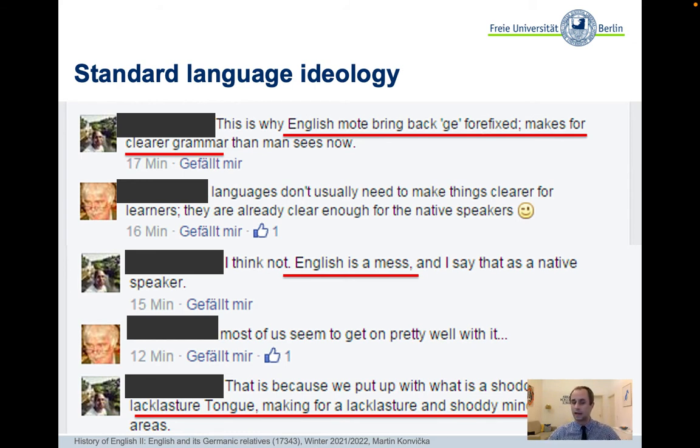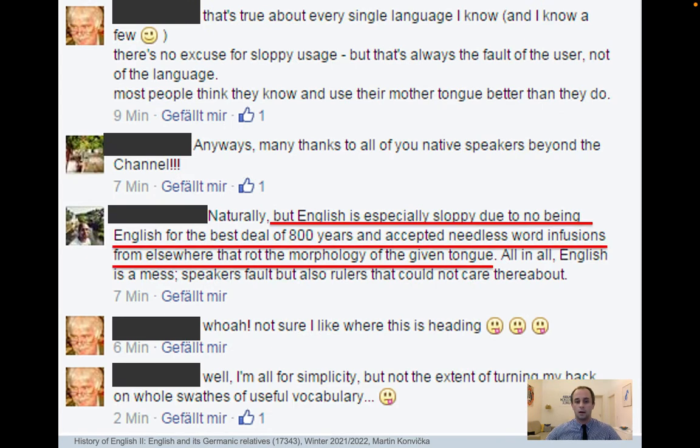So that language and your cognitive capabilities are somehow connected. And another thing that is very common is to see the decay of language, right? Sort of to equate language change with language decay.